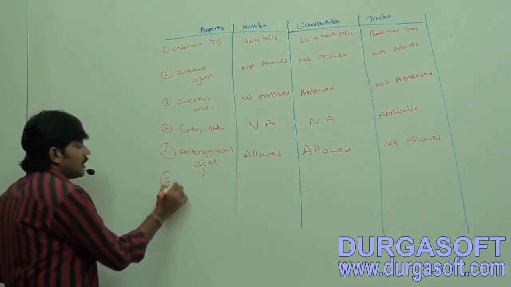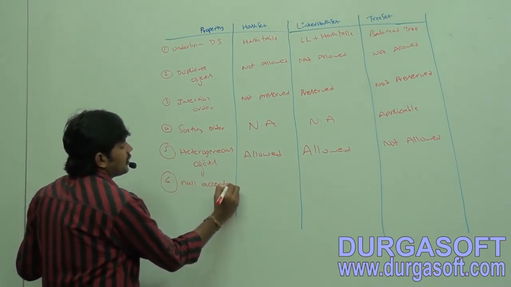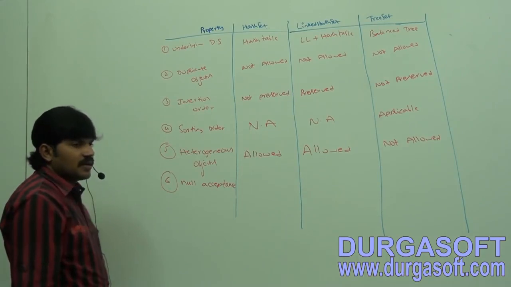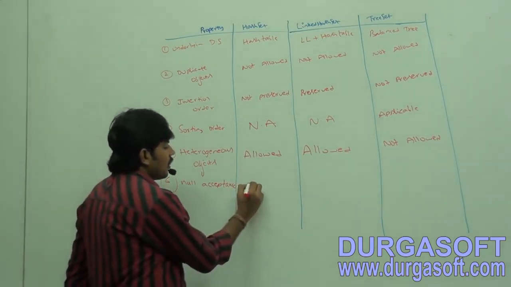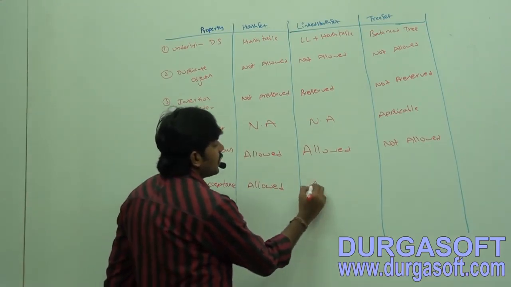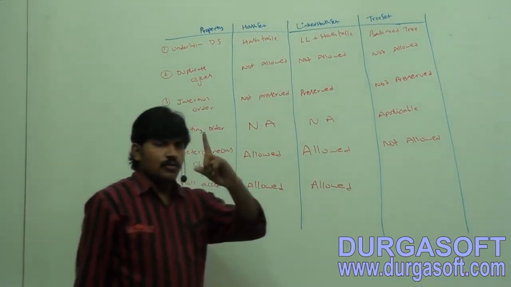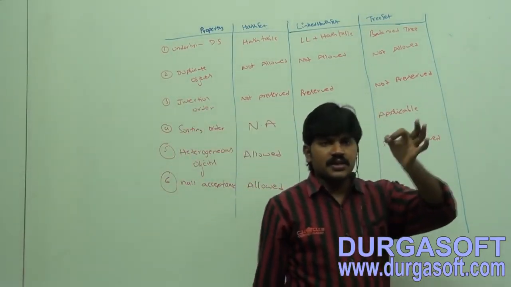Next, null acceptance. What about a hash set? Allowed or not allowed? Allowed. But how many times? Only once. What about linked hash set? Allowed. But what about tree set? Only in a particular case it is allowed.